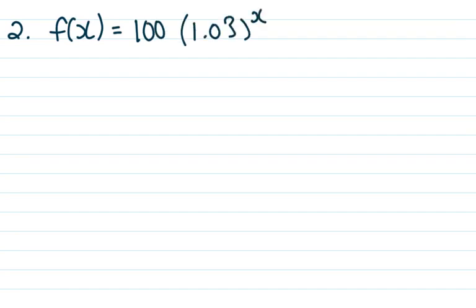For number 2, f of x equals 100 times 1.03 to the power of x. First, we're going to look at the base to tell us if this is growth or decay. The base is greater than 1, which means it's growth again, exponential growth. The initial amount, A, is 100.